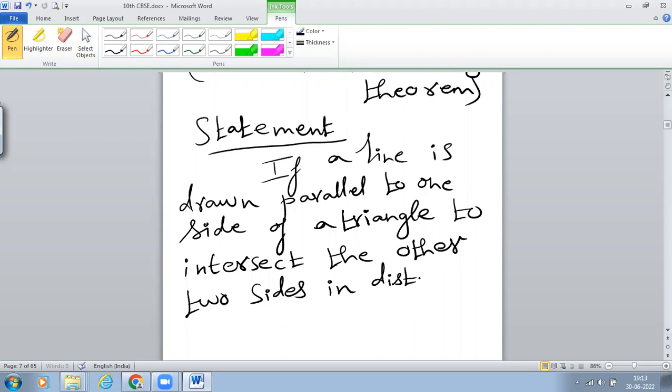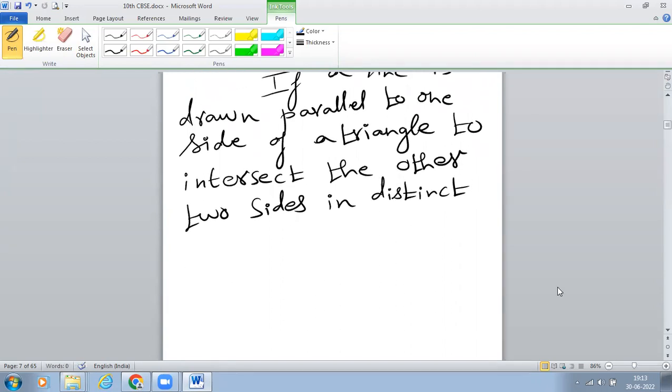It is on page number 124. In distinct points, comma, the other two sides are divided in the same ratio.